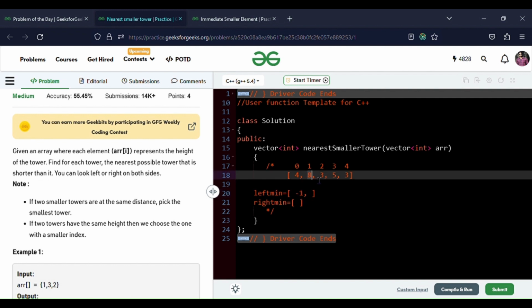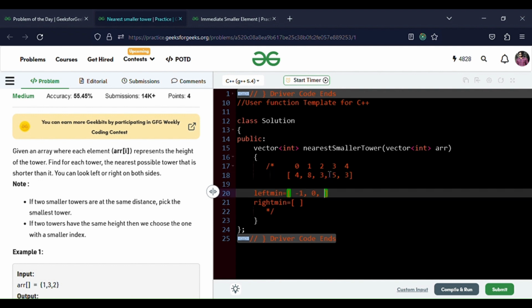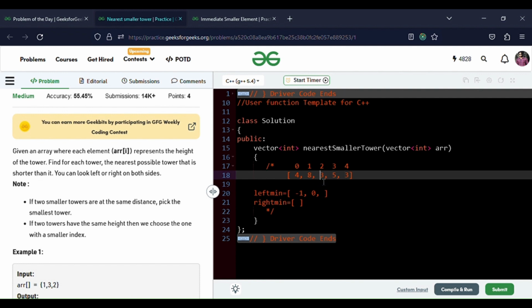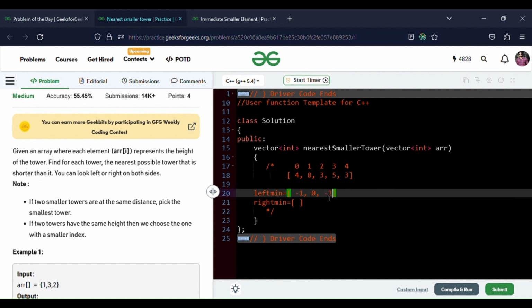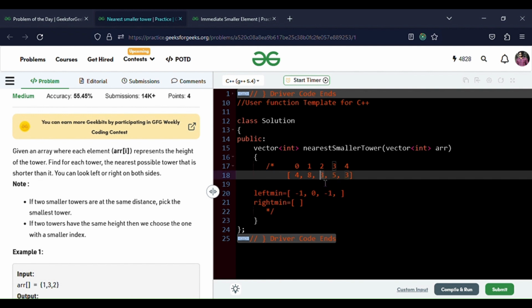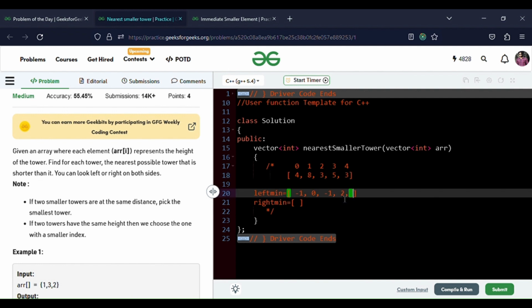For 8 we can see that there exists only one element which is lesser than 8 and its index is 0, so we put 0 here. For 3 there is no element lesser on the left side, so the answer will be -1. For 5 there exist two elements, 3 and 4, but we will pick the nearest one. The nearest one is 3 and its index is 2.